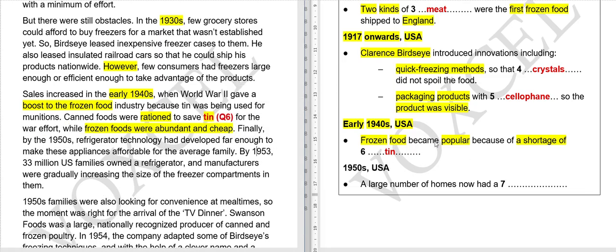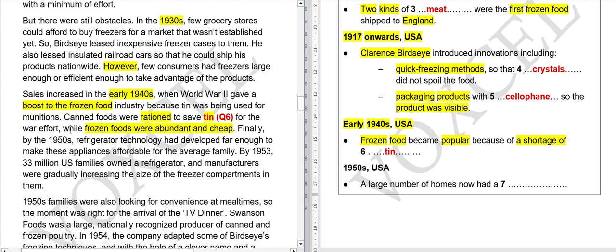If you look closely, they are saying shortage of and rationed. If something is being rationed, meaning you are dividing something, you are trying to save it for later use or for some other use. So because of a shortage of something, frozen foods were abundant.